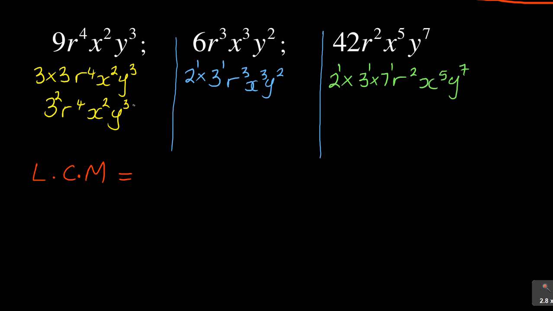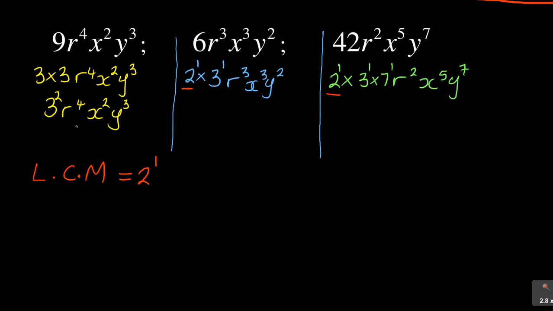You start with the smallest number, which is 2. The next part is to identify which one has the highest power. Both of them have 2 to the power of 1, so you write 2 to the power of 1. You move to the next number.